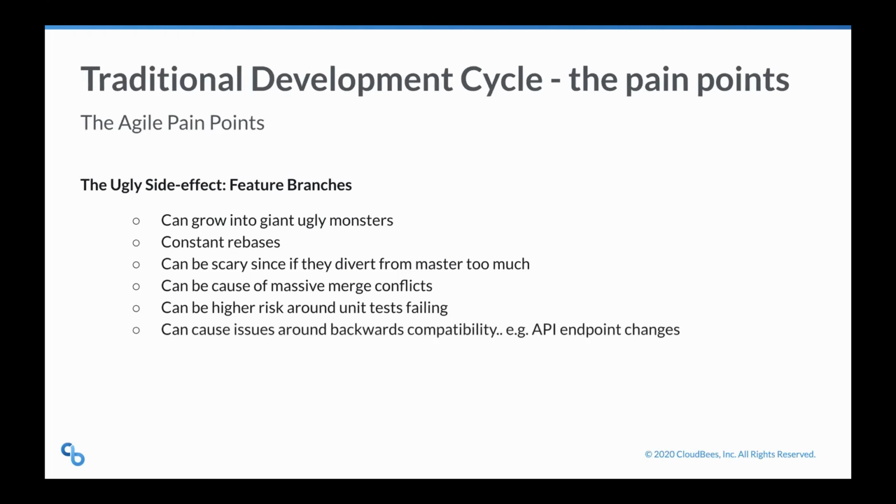If your feature branch introduces a new schema, a new table, or changes a column in your database, or anything like that, then that can really cause a lot of headaches. So yeah, those are the pain points for Agile from my perspective.